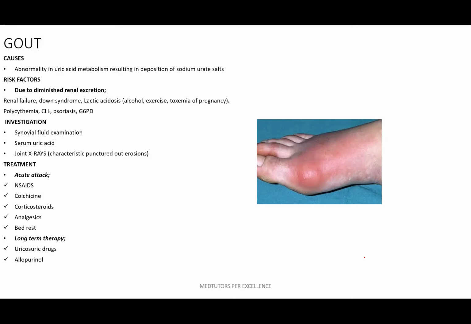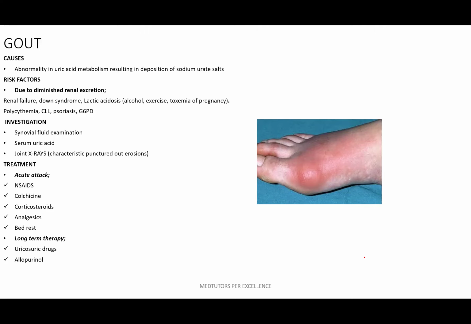In osteoarthritis, the cells are normal. In gouty arthritis, they are also markedly elevated, of more than 50,000. Now, the X-ray will show reduction of the joint spaces as well as punched out erosions.